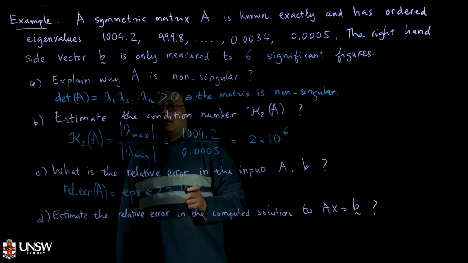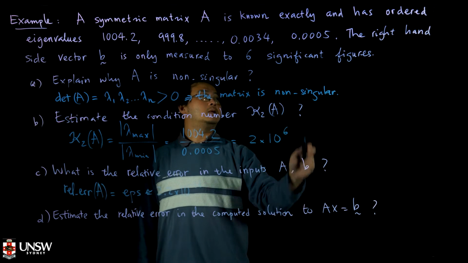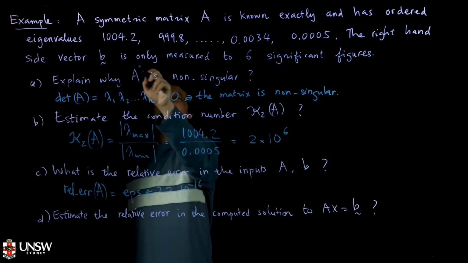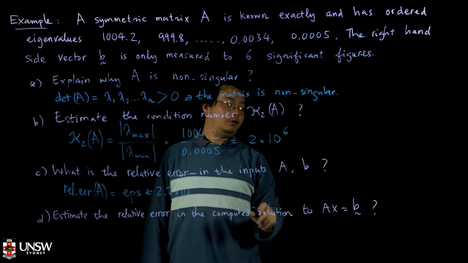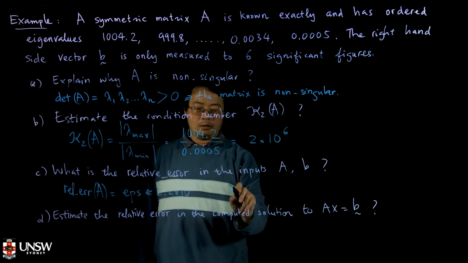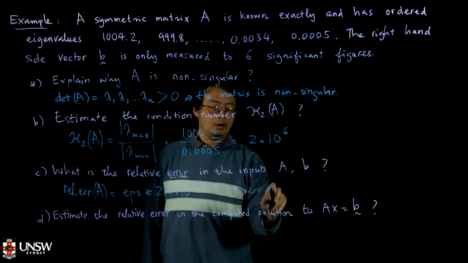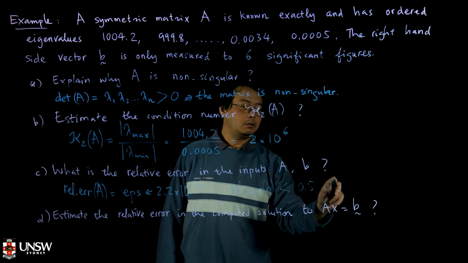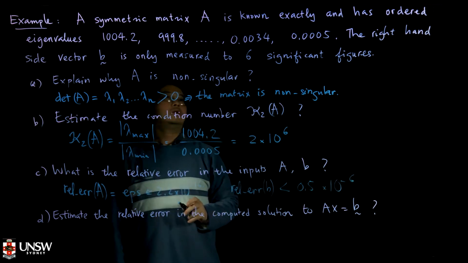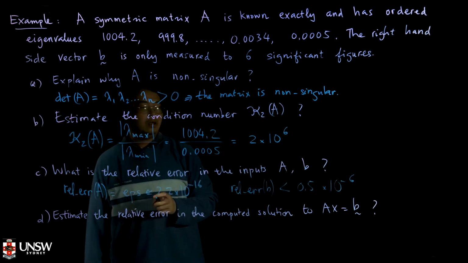And the relative error in the vector B: the right hand side vector B is measured up to 6 significant figures, so the relative error in B is less than 0.5 times 10 to the minus 6.